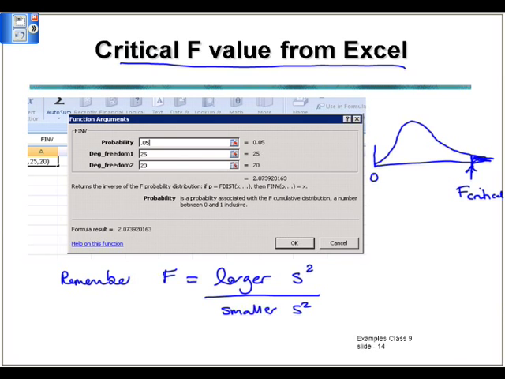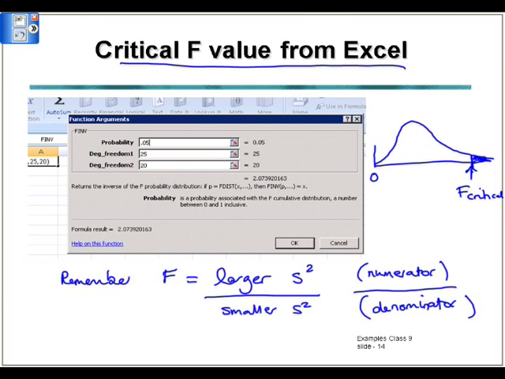The numerator degrees of freedom is related to the sample size minus 1 for the sample which had the larger standard deviation. The larger standard deviation in this example was from the sample of size 26. So 26 minus 1 gives the numerator degrees of freedom.